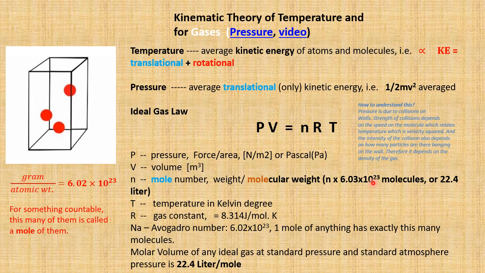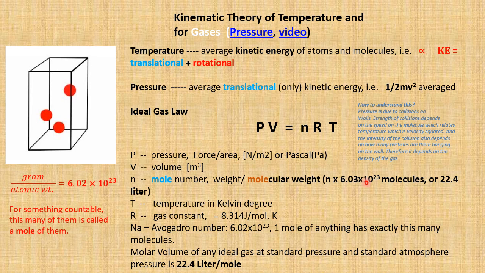But how many water molecules, how many H2Os, do they have? The same number, 6.02 times 10 to the 23. So 1 mole of anything has the same number. That number is called the Avogadro number. 1 mole of anything has this number, but they have different weights. Okay, and it's easy to remember.